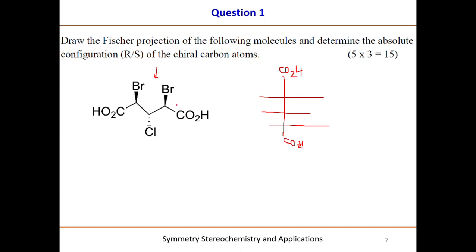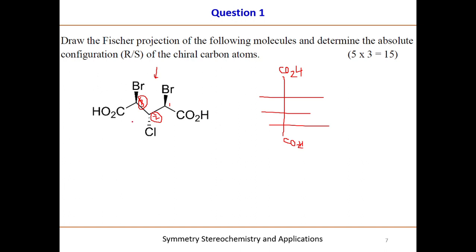Now I am considering this carbon atom as the first carbon. We can write any of these carbons as 1, because both have the same substituent. So these 2 carbon atoms have the same substituent present. This molecule has symmetry.